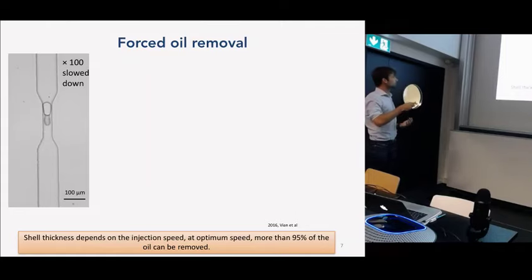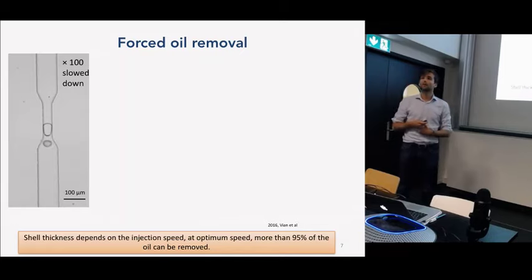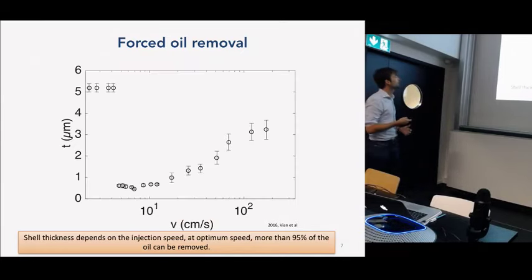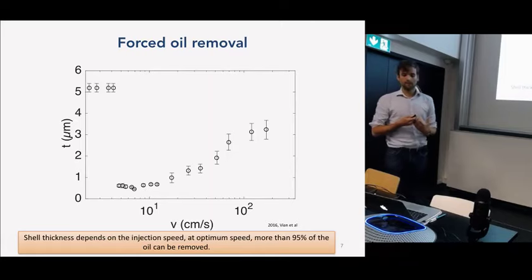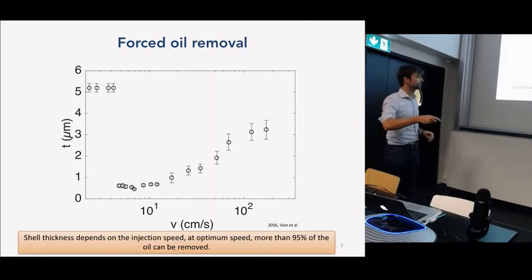And what you can obtain at the end is a double emulsion with a thin shell and an oil drop. So we tested that for different flow rates, different speeds, and this is what we obtained. Here is the shell thickness that you obtain after the double emulsion has been processed through the constriction, and here is the speed in the channel.